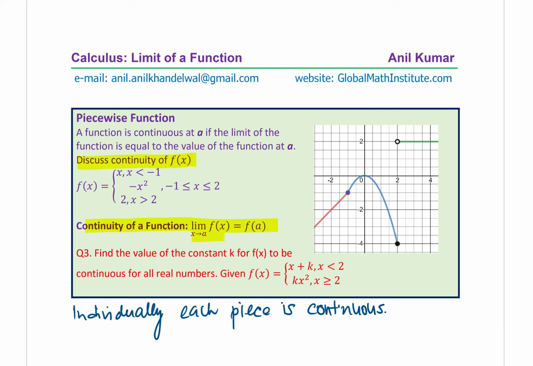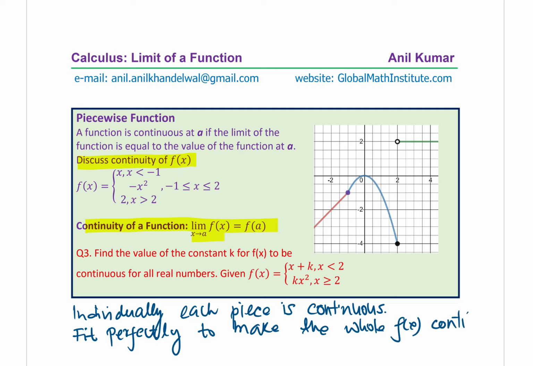Now, to make the whole function continuous, they should fit perfectly. Does it make sense? So that is the whole idea. They should, at the end points, match up the values, right? So that is what we are trying to say.